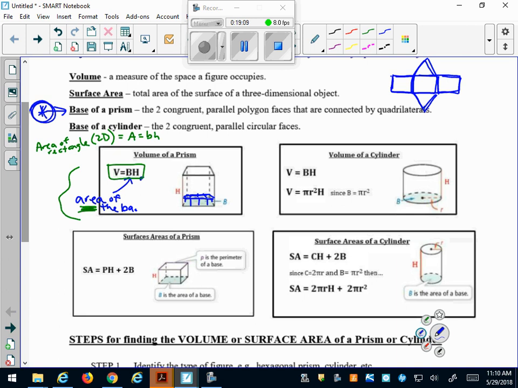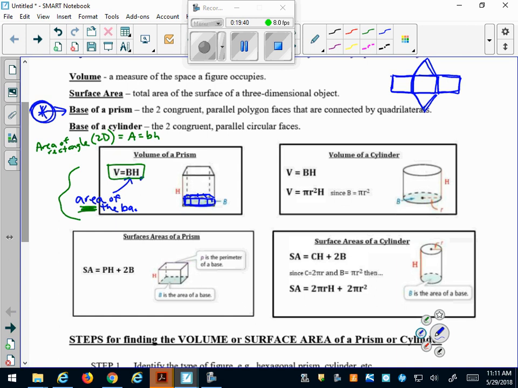So if I have 4 cubes fit along the side here, and 4 cubes fit the other way, then how many cubes fit on that first layer if it's 4 by 4? 16, right? Which is just the area of the base, right? 4 by 4, it would give us 16. So that's how many cubes we could fit on that first layer.